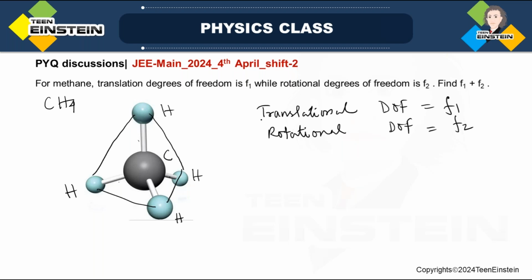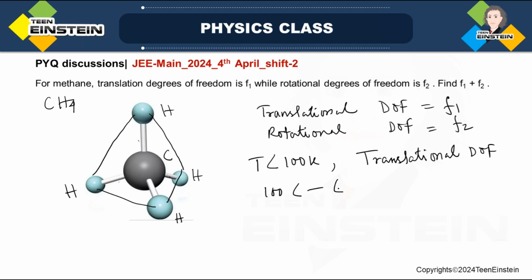See, at low temperature, when temperature is below 100 Kelvin, only translational degrees of freedom will be there. Translational DOF will be there. Okay. Then temperature between 100 to 1000 Kelvin, there will be both translational plus rotational degrees of freedom.